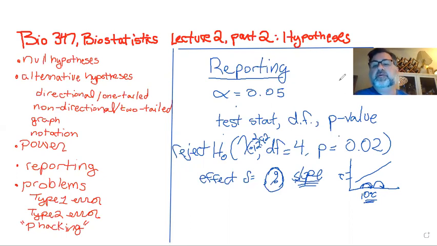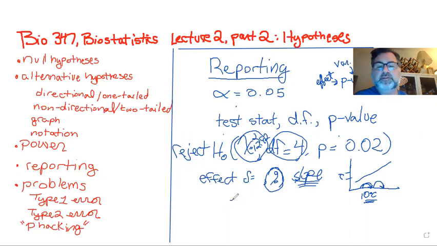So if you remember what goes into a p-value, right? Degrees of freedom, that's here. Effect size, and that would be this, or it's implied in the slope. And what about variance? Okay, the third thing that goes in. So oftentimes what you can say is you can report standard errors. Okay, and we'll get into this later.